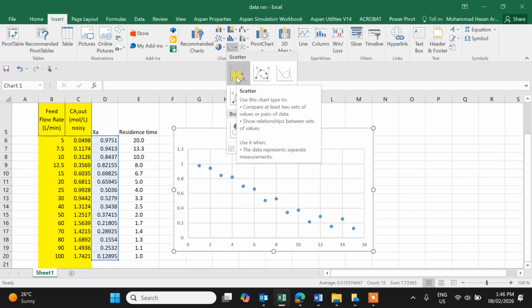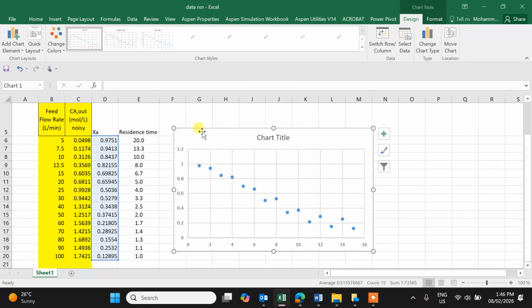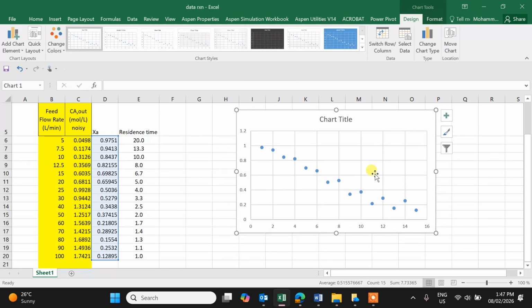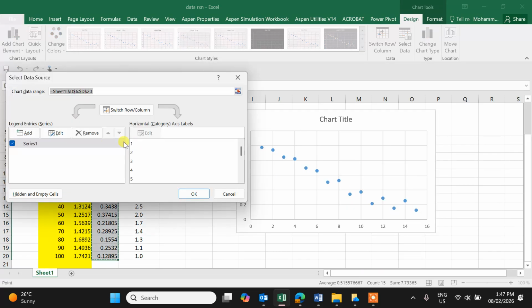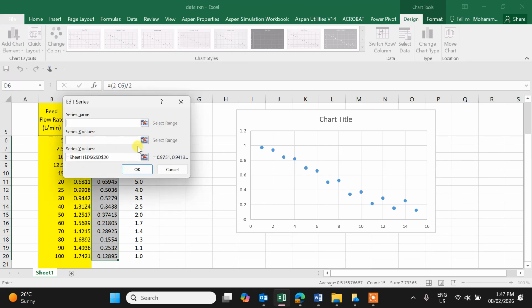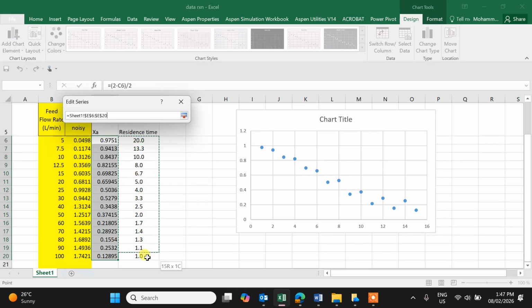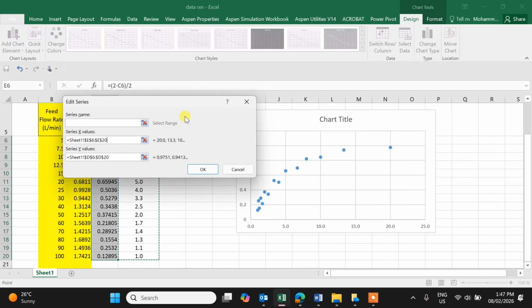Always we will plot experimental data as scattered data points. Experimental graph must be plotted as scattered, and then we will look for the best trend.